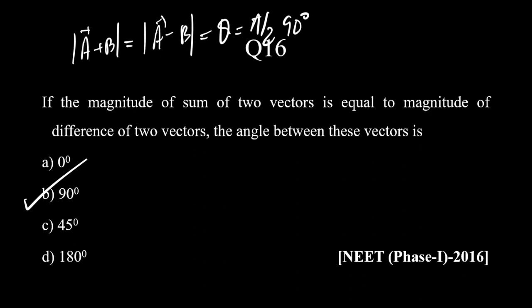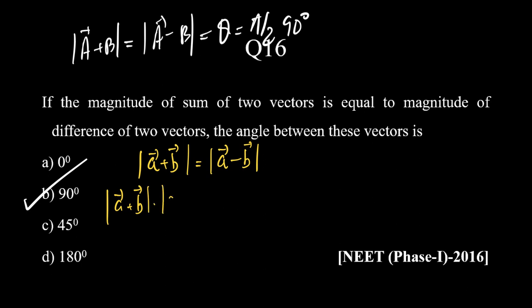Now, if you're not able to recollect this during the exam, how do you do this? It's simple. You write mod a plus b is equal to mod a minus b, and then if you square both sides, taking the dot product on both sides, what do you get?